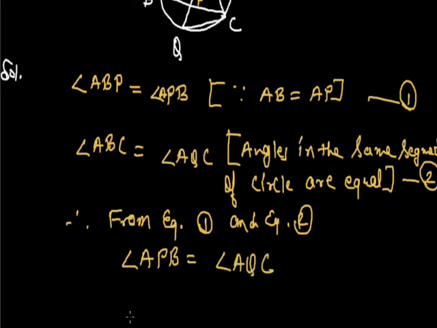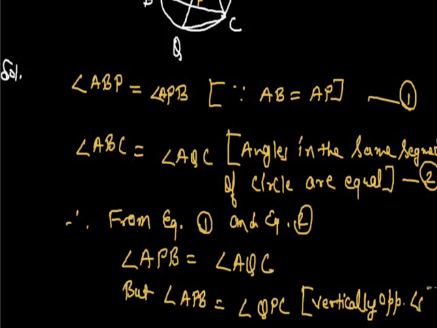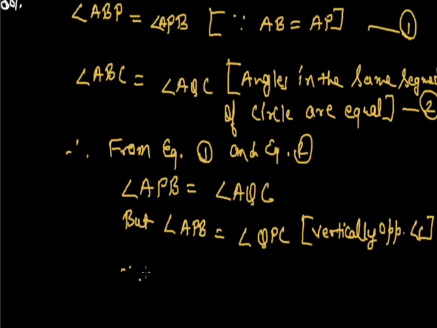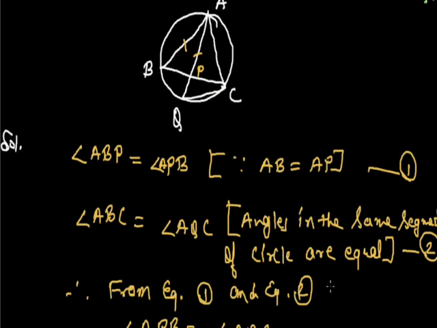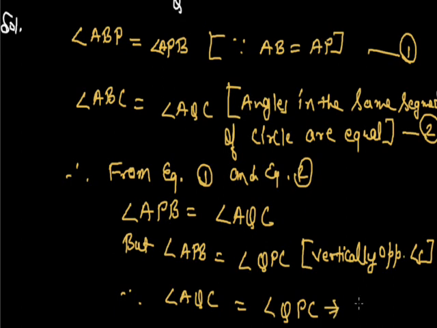Now angle APB is equal to angle QPC, vertically opposite angles. Therefore, angle AQC is equal to angle QPC. By this, we can say that CP equal to CQ. Sides opposite to the equal angles are equal.